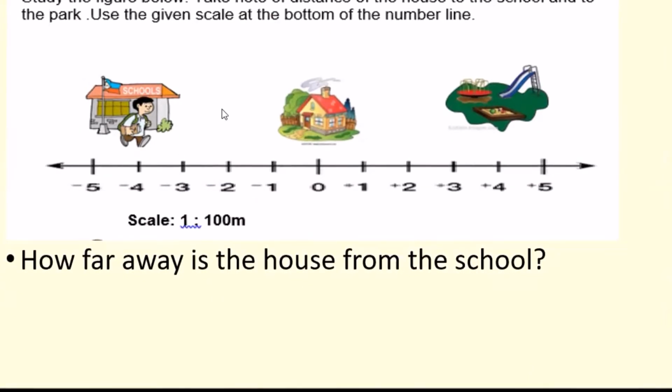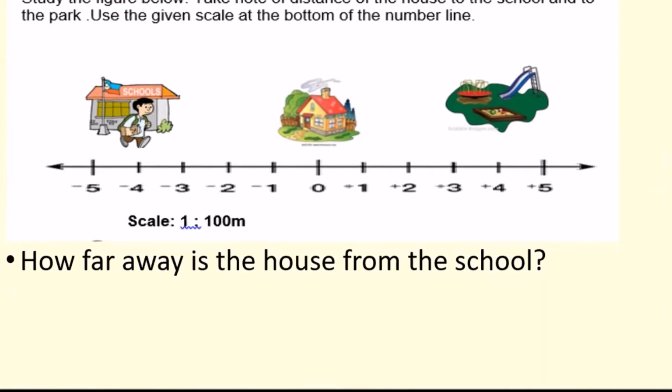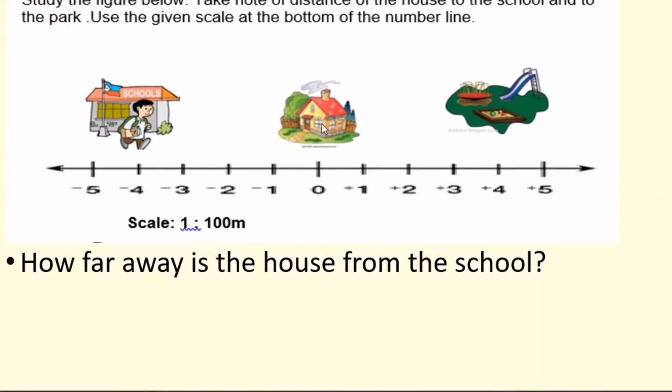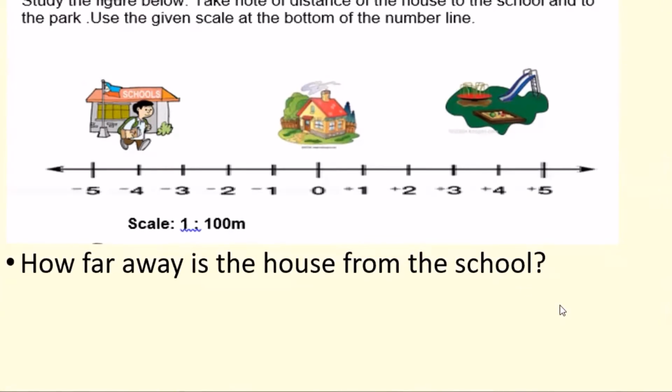From the school going to the house, let us count the number of units or distance. So 1, 2, 3, 4. So from negative 4 going to 0, which is yung house. So 4 times 100 meters, the distance is 400 meters.